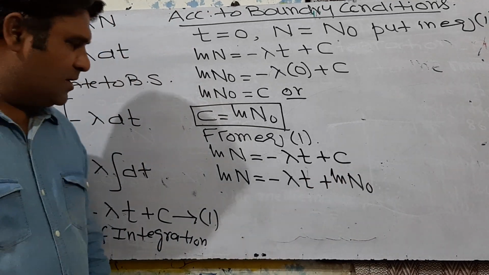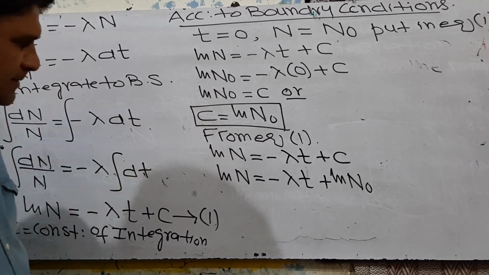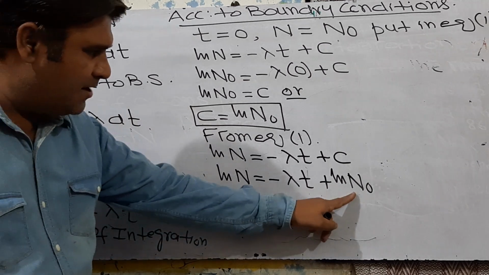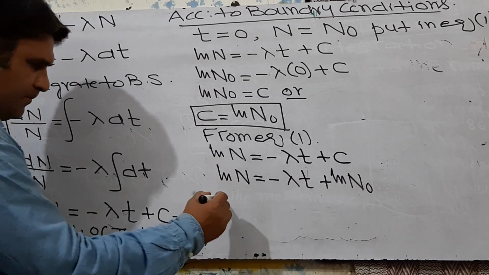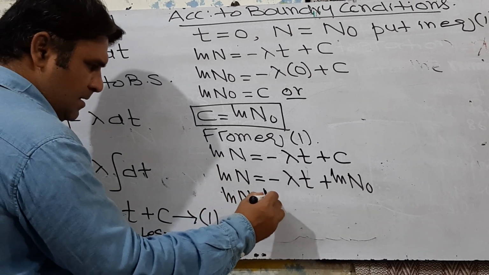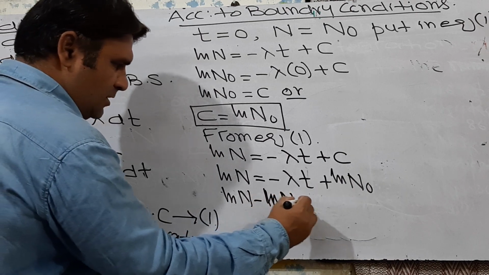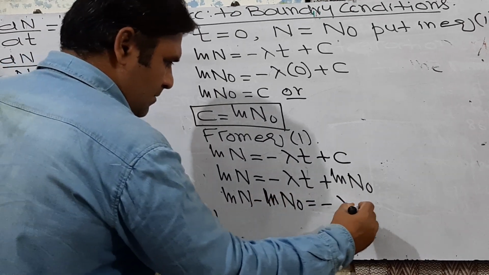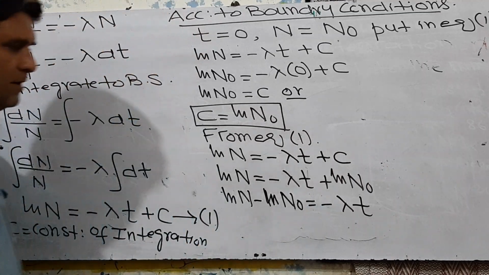Okay, my dear students, now I transfer log N naught to the left hand side. Log N minus log N naught is equal to minus lambda t.